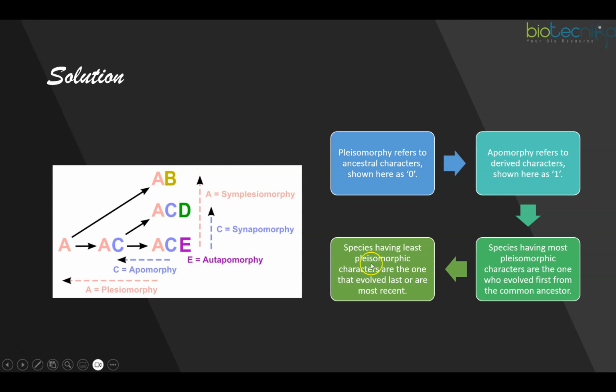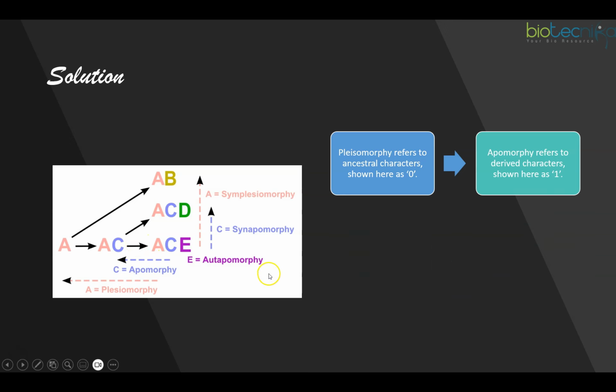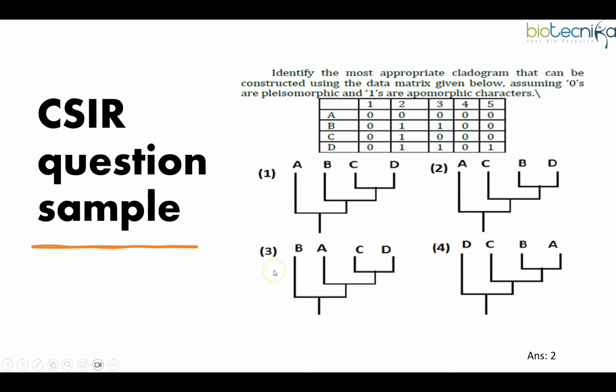And species having least plesiomorphic characters are the ones which evolved last or more recent, right? So that is why you can see here this has evolved last. So that is why this is referring to this apomorphic character. So since over here we can see A is having all the plesiomorphic characters, that is why yes, in both of these it can be correct, A and A, they are the ones which it is derived from.